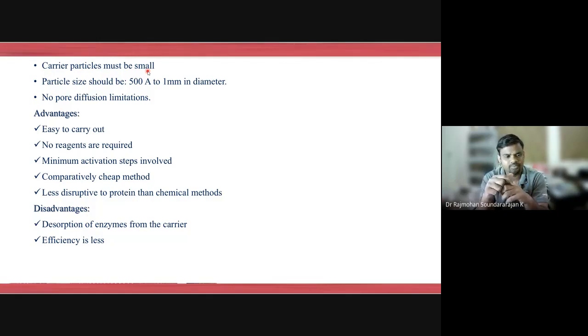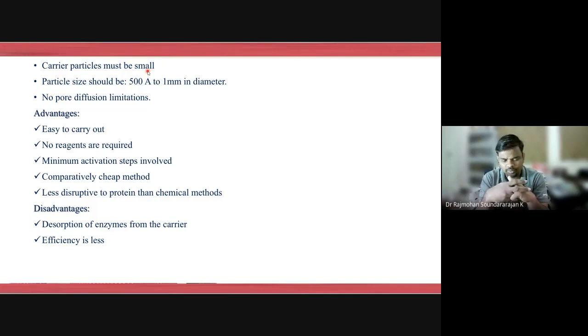And there are obviously disadvantages, because it is based on forces. With single-layer or monolayer adsorption, we don't know what type of forces are there, either weak van der Waals forces or strong forces. So there will obviously be desorption of enzymes from the support.